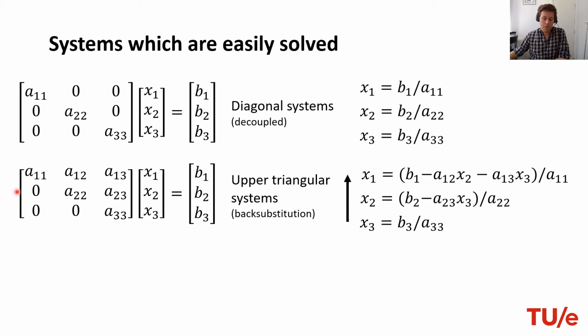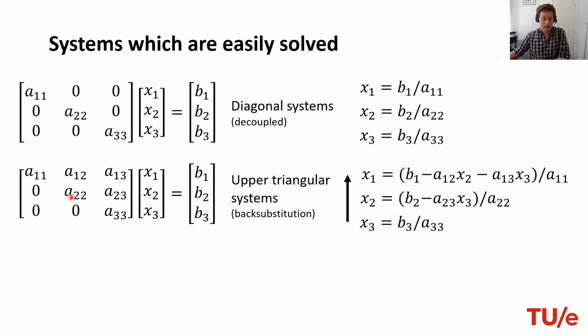Moving up one row, we see that the equation here is dependent on x2. So we have a22 times x2 plus a23 times x3 is equal to b2. From the previous step, we already know the value of x3. So the only unknown in this equation is x2.